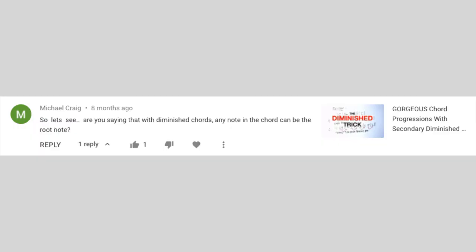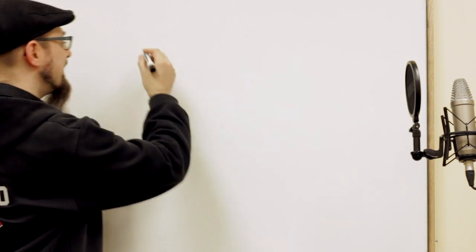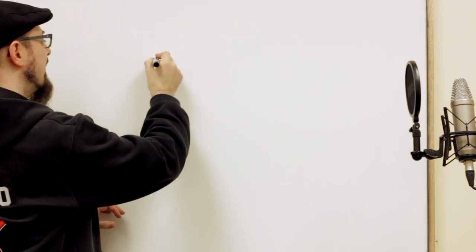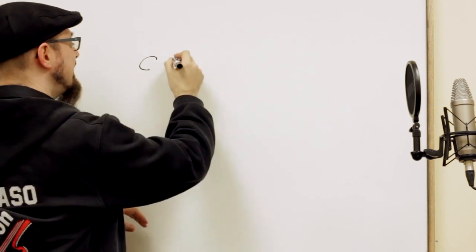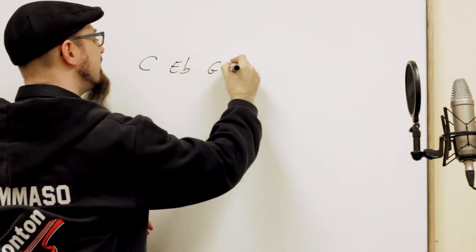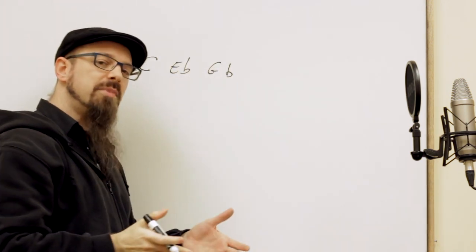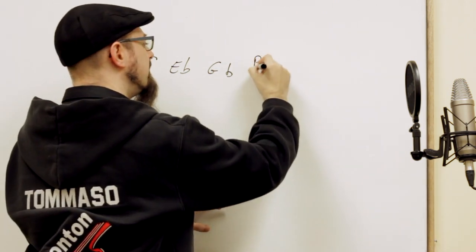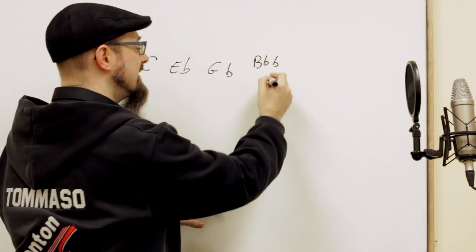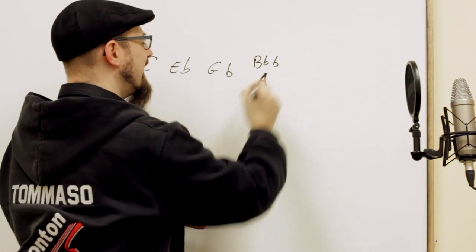Are you saying that with diminished chords, any note in the chord can be the root note? Yes, in a diminished 7th chord, every note can be the root note. Why? Because the chord is symmetric. If I take the C diminished chord, made by the notes C, E flat, G flat, and some nitpicker at this point would like me to write B double flat, but we all know that this note is exactly the same as A, okay?